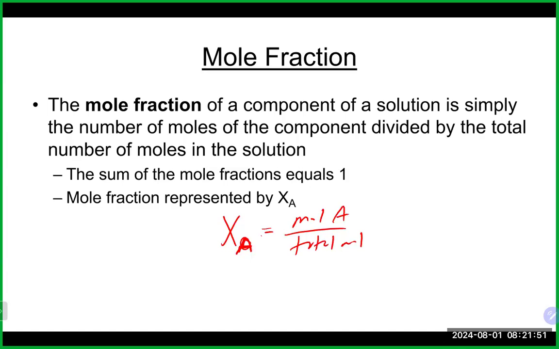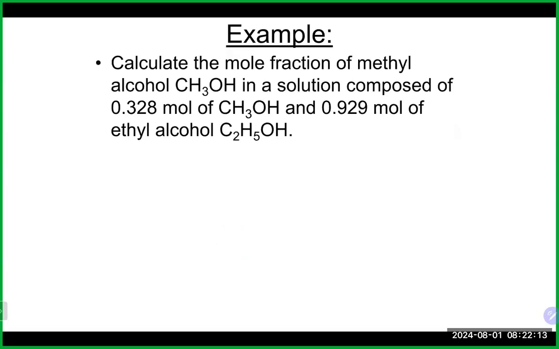It is, for all intents and purposes, sort of like a percentage, but we do not multiply it by 100 to make it a percentage. So the maximum you could have when you add up all the mole fractions is 1, which would represent basically 100% of whatever you're adding together. And again, you'll get something like 0.52, which is basically 52%.